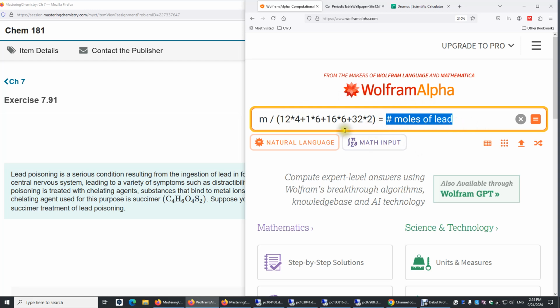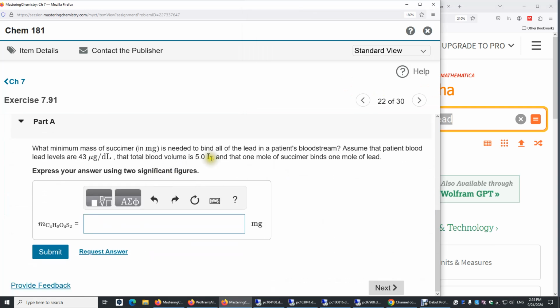The number of moles of lead. So first we need to get the mass. How do we do that? We have 5.0 liters and 43 microgram per deciliter.